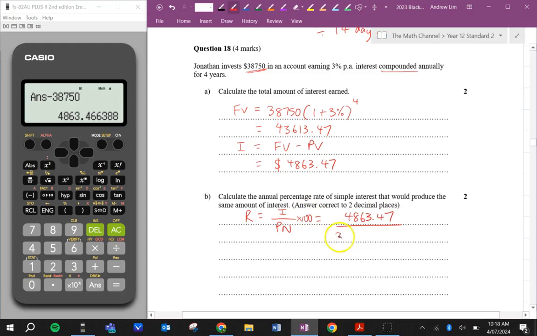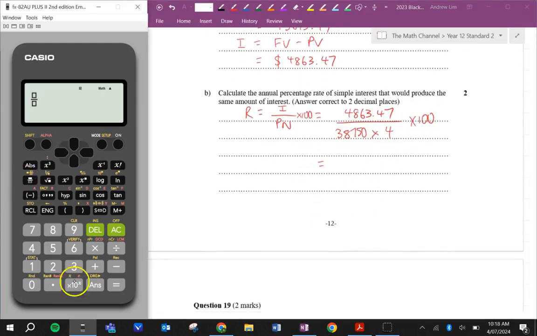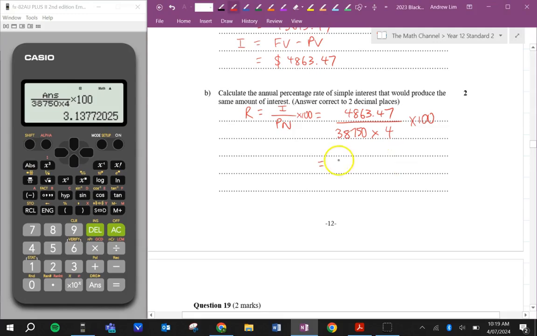Our principal is 38,750 for 4 years. So that's that over 38,750 times 4 times 100, which is 3.14% per annum.